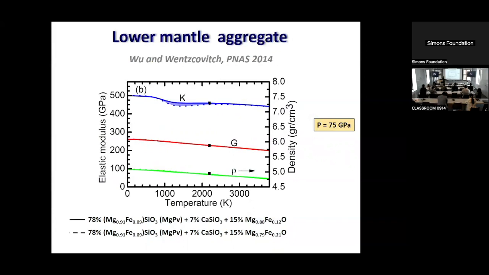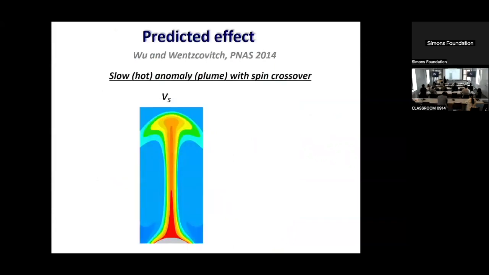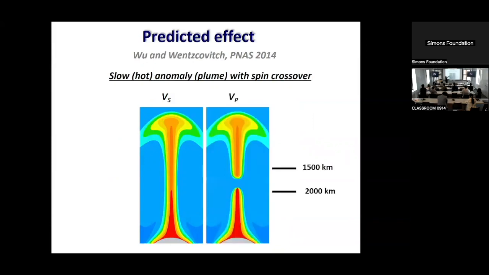So to make a long story short, what the signature should be, if you have a plume coming from the core-mantle boundary, a high temperature conduit, a low velocity conduit in the shear velocity tomographic image, is that the sensitivity of the compressional velocity to lateral temperature variations decreases, because the shear and bulk modulus go in different directions.